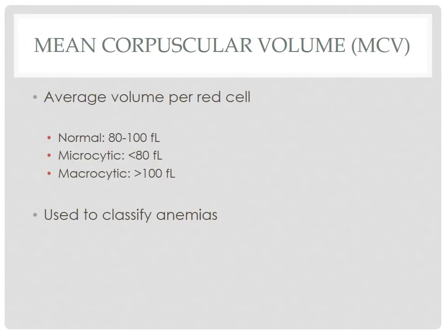Mean corpuscular volume, or MCV. The mean corpuscular volume is a measurement of the average volume per red blood cell. The normal value for a mean corpuscular volume is between 80 and 100 femtoliters, spelled like this. And if you have measurements of cells, you're going to base it off this normal.